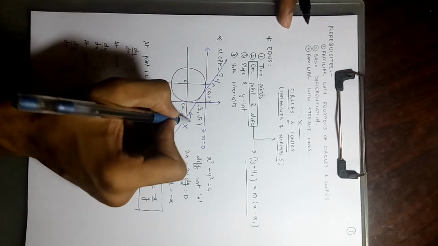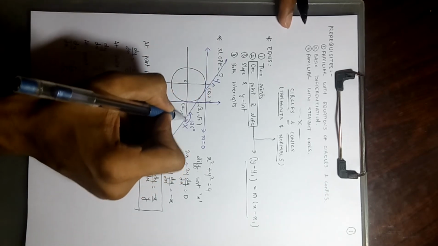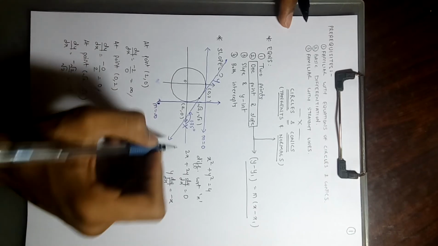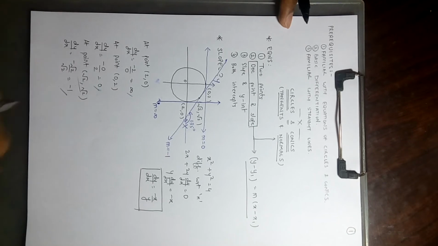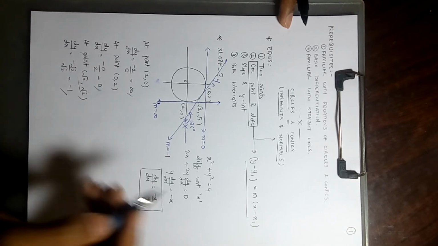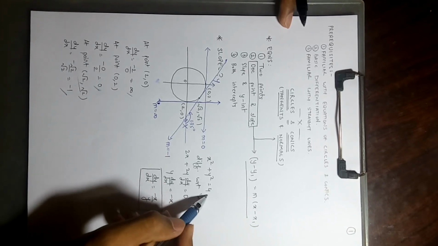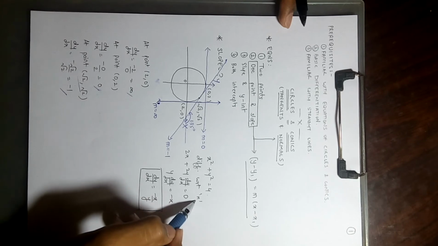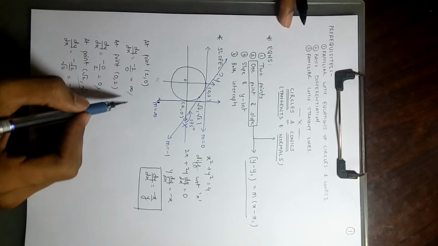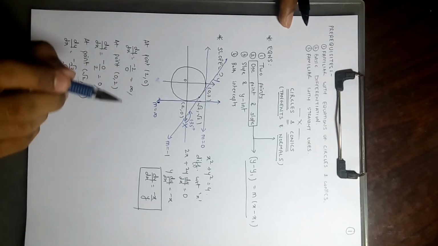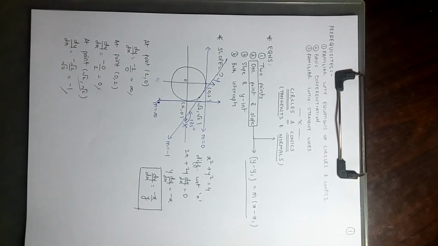This will be making angle 135 degrees with positive x-axis, right? And so its slope becomes minus 1, and that is what I got over here. So when you differentiate a curve with respect to x, you get something in dy by dx. That something gives you the slope when you put in the point, right? It's as simple as this.